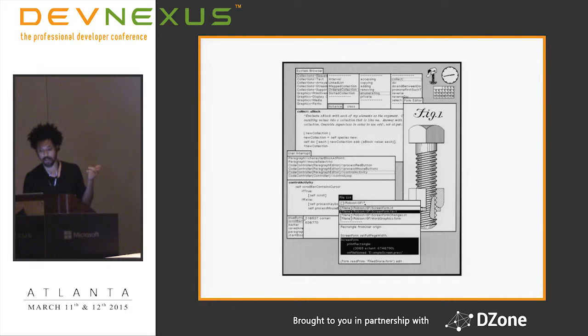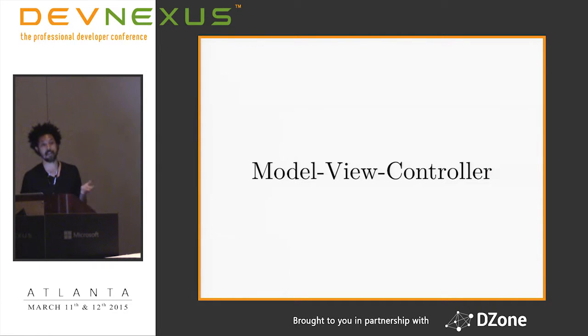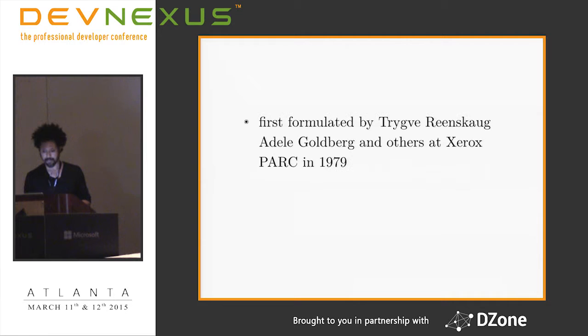What's fascinating about the early Smalltalk system is that right around this time, they invented at Xerox PARC the notion of model view controller. As they started building UI systems, they realized they needed a clean separation in order to write composable, scalable UI programs.